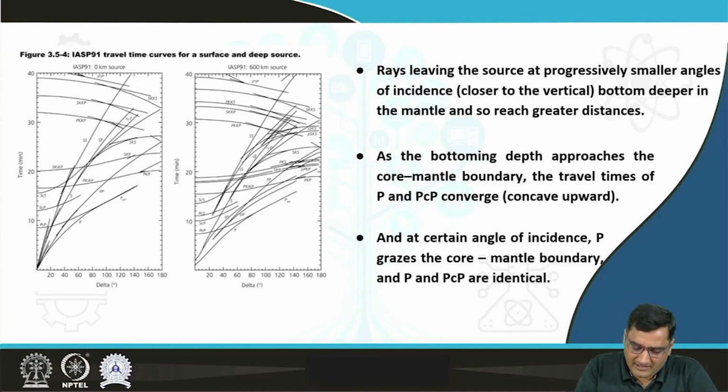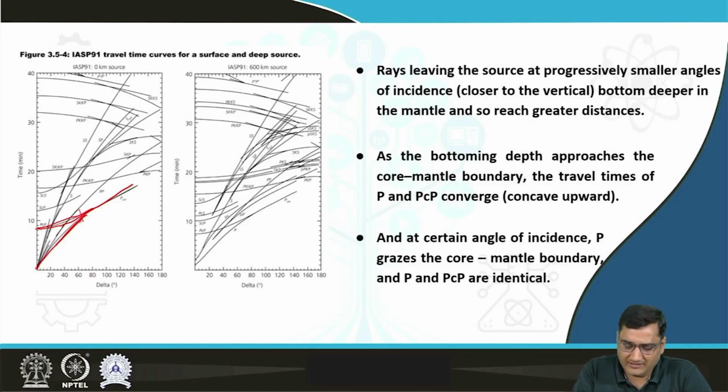So this is your direct P phase here, and this direct P phase gets merged with the PcP phase here. This is the phase that goes down and then reflects off as a P wave from the core-mantle boundary. So after a certain distance, the direct P wave and the PcP phase converge and become identical.